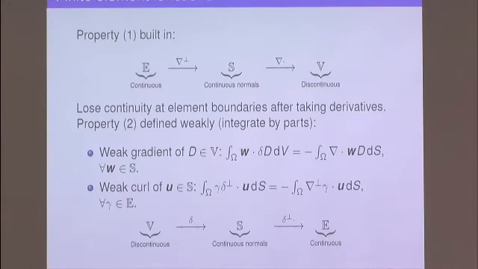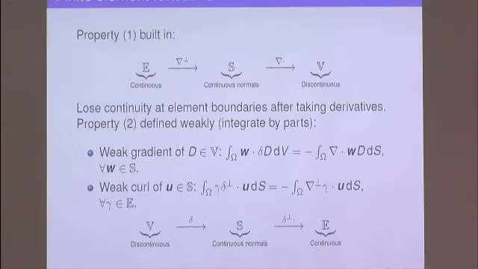Okay, so I'll just quickly describe how we get the gradient and the curl. We do those by integration by parts. So if I want to take a function here and approximate its gradient, I can't take a strong gradient because there's a jump. So I have to do a weak gradient by integrating by parts.